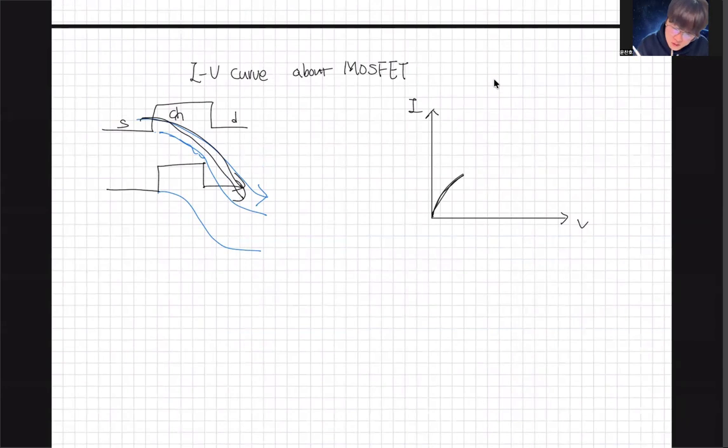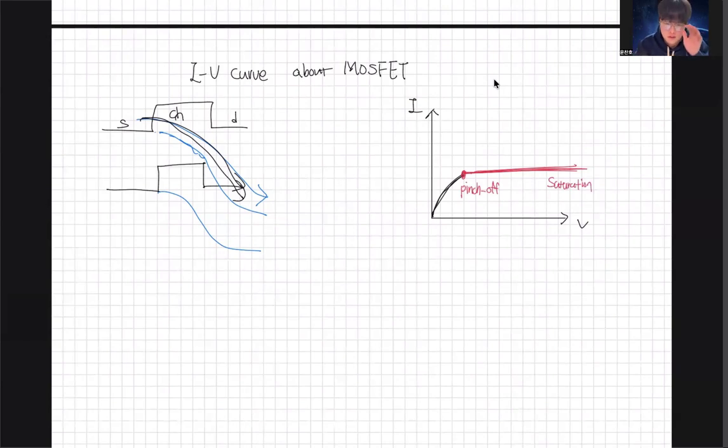So the graph will be drawn like this, and we call this point the pinch off point, and this situation is saturation.